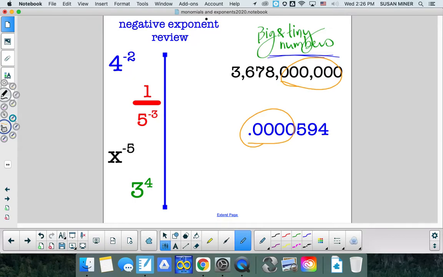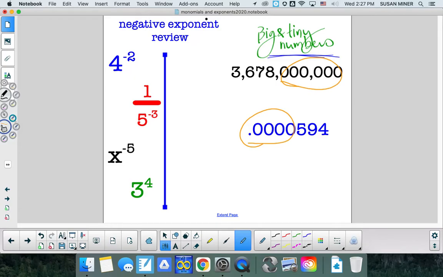Especially these numbers we could probably handle, but some numbers are really huge. If we're calculating, let's say, the number of light years from our galaxy to another galaxy in space, those numbers tend to be really, really huge. And so we want to shorthand those so we don't have to end up writing them out over and over again. And what we have used in order to shorthand is the rules of exponents, and basically place values, in order to be able to shorthand numbers.